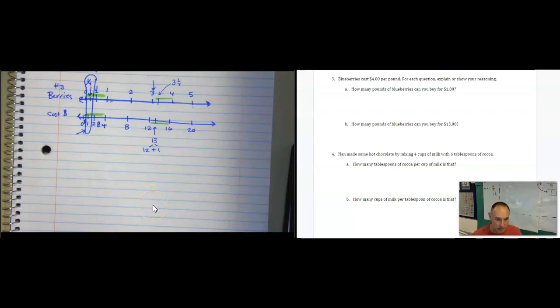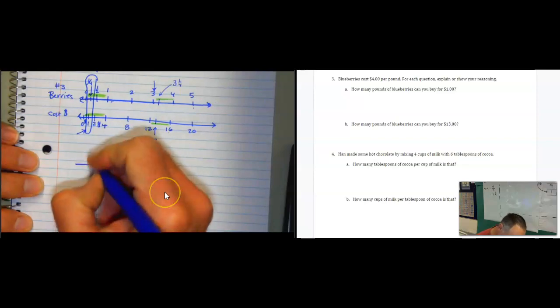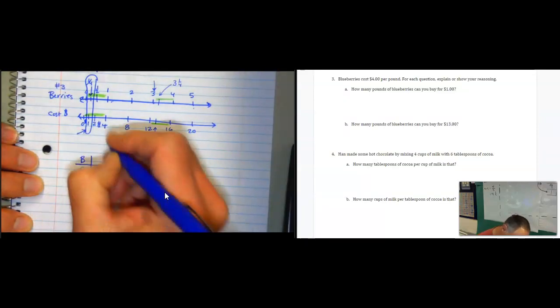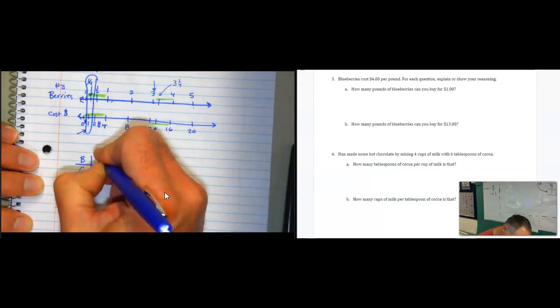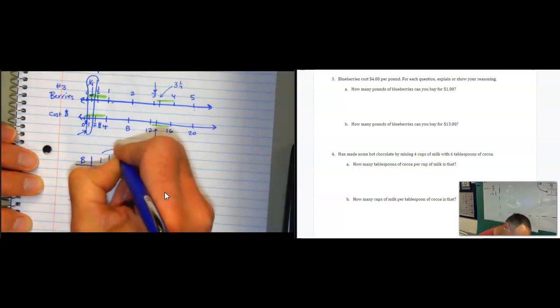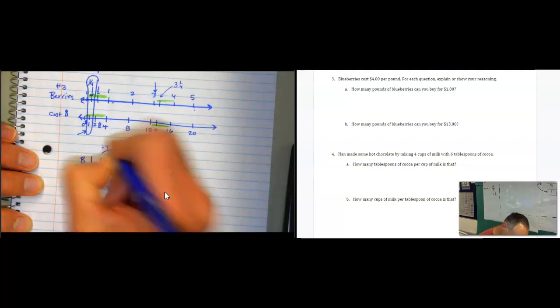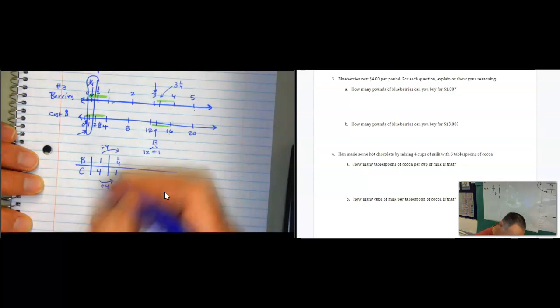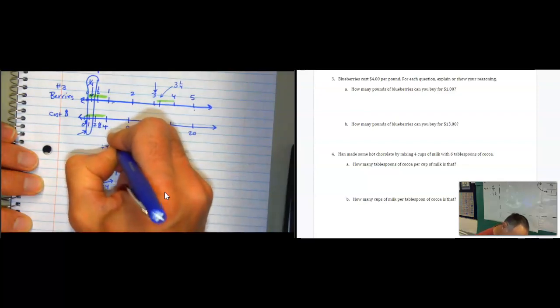Actually, before I finish this, I'm going to show this in a quick ratio table as well, right? Berries, cost. I know that 1 pound is $4, right? I divided by 4 and got 1. And up here, I divided by 4 and got 1/4. Okay? Another way to look at that is multiplying by 1/4.